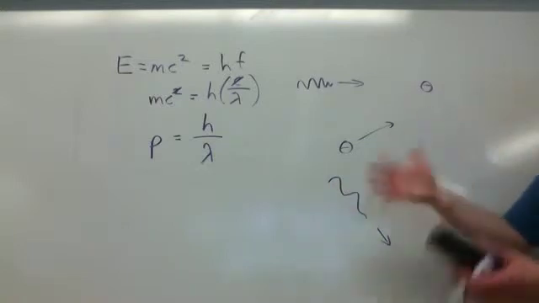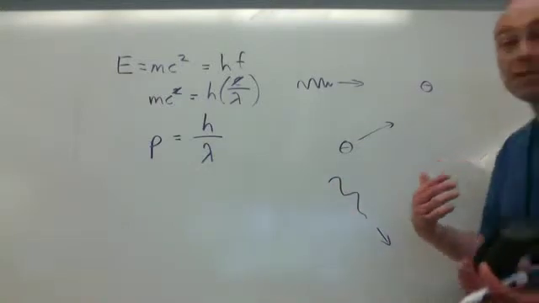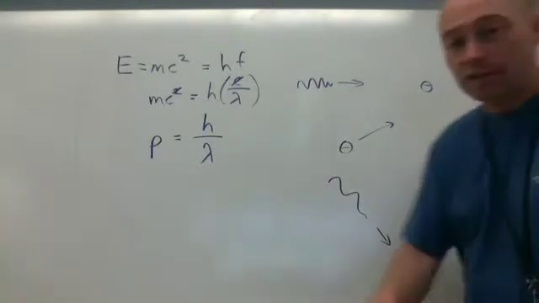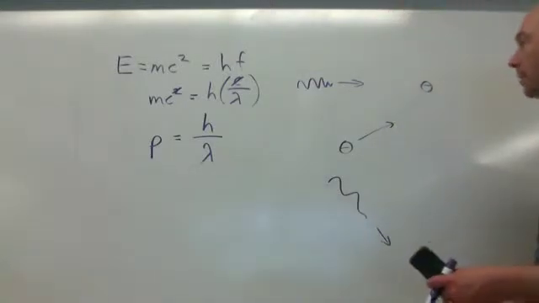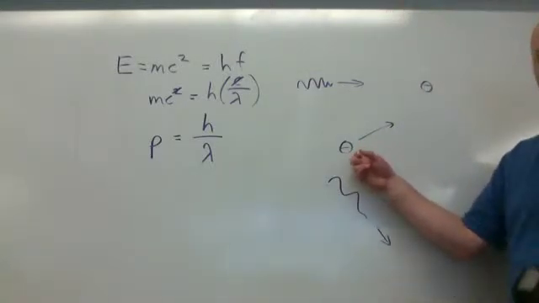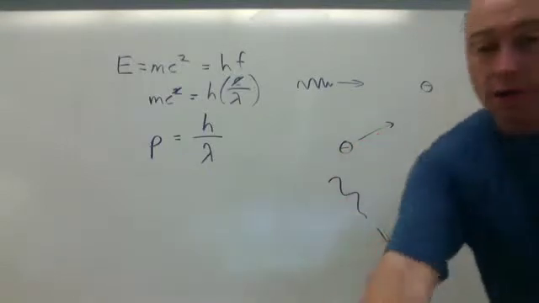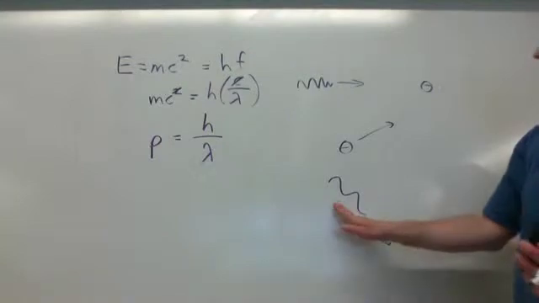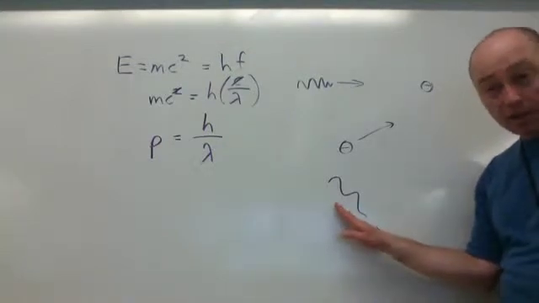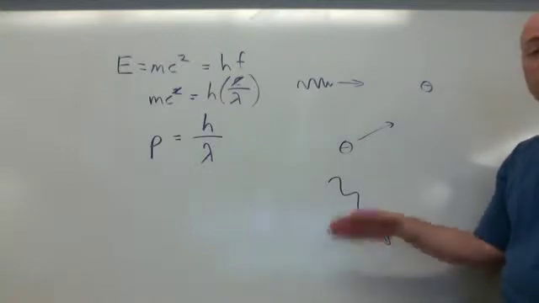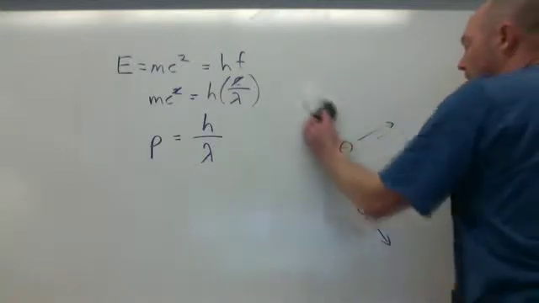Hopefully that all makes sense to you. That's how it works. The more energy, the more momentum that gets transferred to the electron, the longer the wavelength is going to be, because the smaller momentum the photon is going to have afterwards. Okay, hopefully that makes sense.